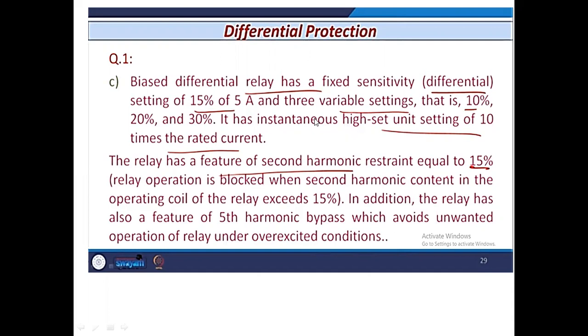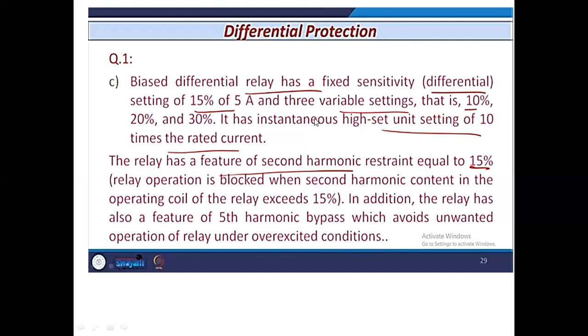You need to suggest a suitable CT ratio on both sides of the transformer, along with the ratio of the interposing current transformer, that is ICT, also.